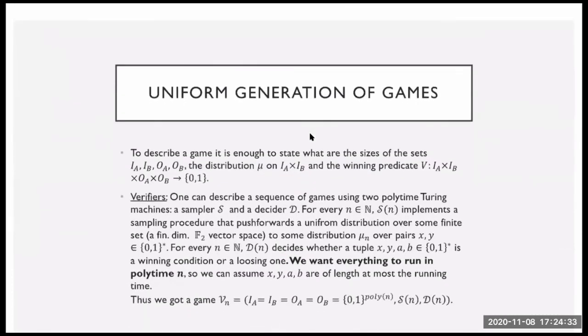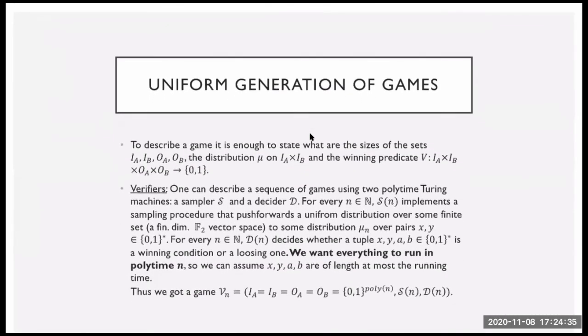And for us, the goal is to show a reduction from the halting problem to deciding whether a game has value 1 or half. To do that, I need to first explain how to generate a sequence of games in a uniform way.